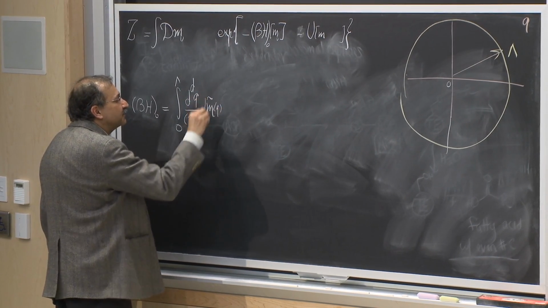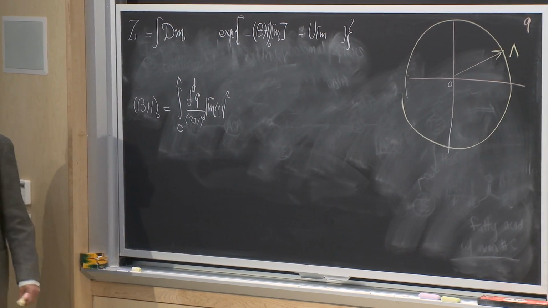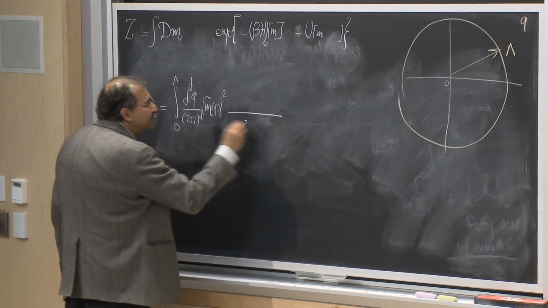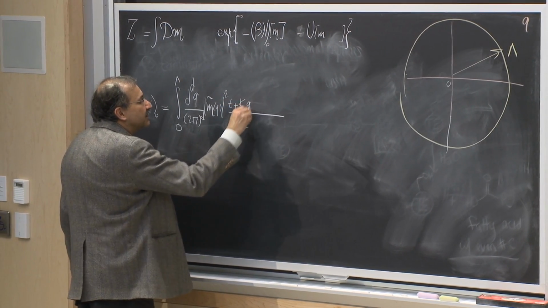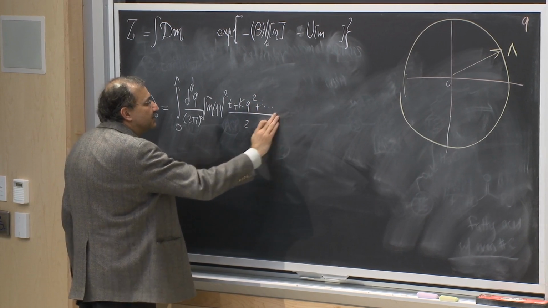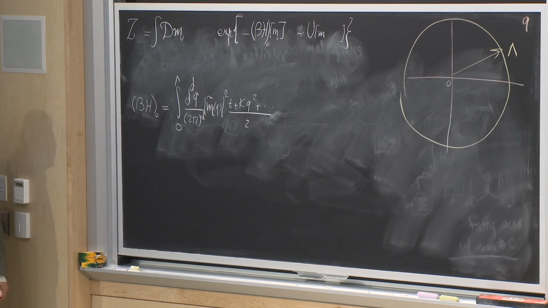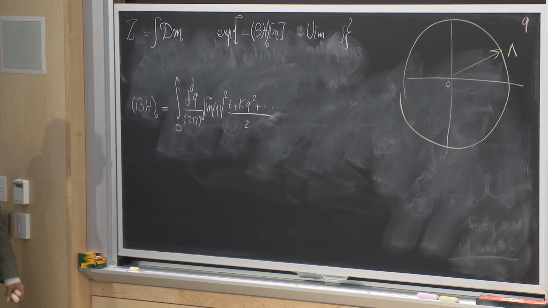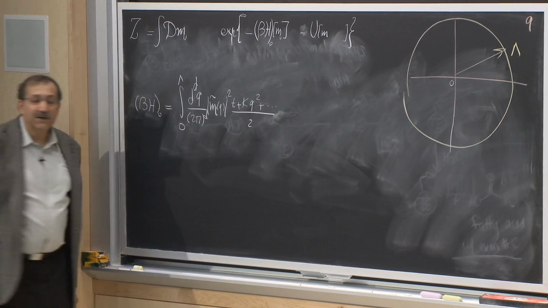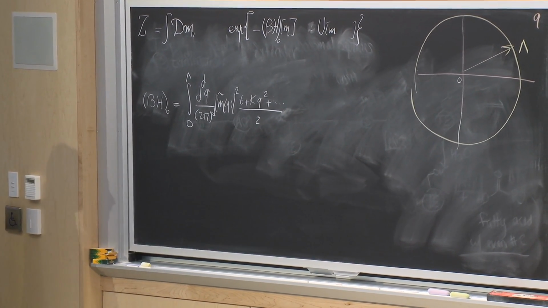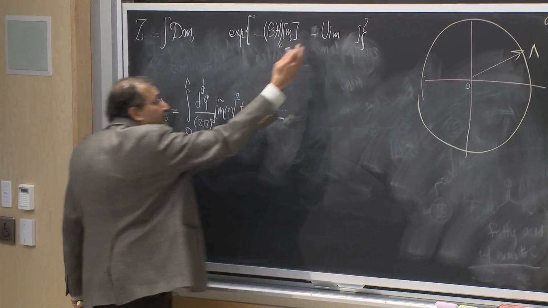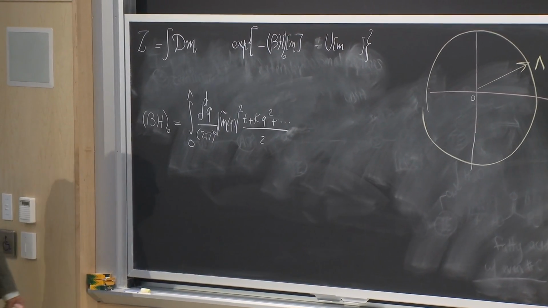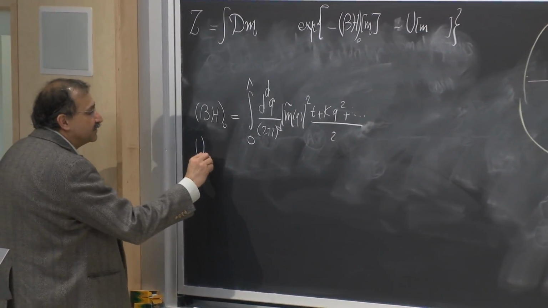So I would have M of Q squared, and then some expansion in powers of Q that has a constant plus TQ squared and potentially higher order terms. So this is the Gaussian theory that I can calculate. Problem with this Gaussian theory is that it only is meaningful for T positive. And in order to go to the space where T is negative, I have to include higher order terms in the magnetization. And those are non-perturbative.